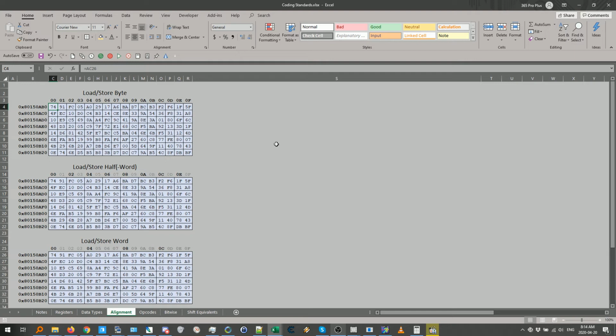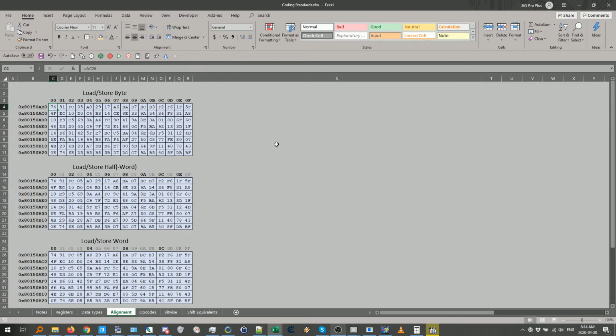There are load byte, store byte, load half, store half, and load word, store word instructions. Those are going to be used on specific memory addresses, and you want to respect the alignment.